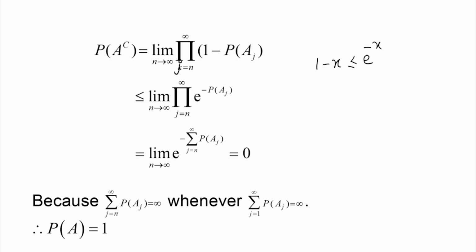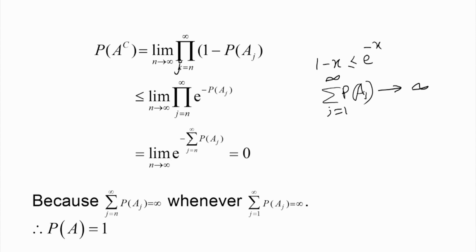Now, again we are given that the summation of P(A_j), j going from 1 to infinity, is a diverging series. Then, if we consider any tail part, j going from n to infinity, this sum also will become infinity.